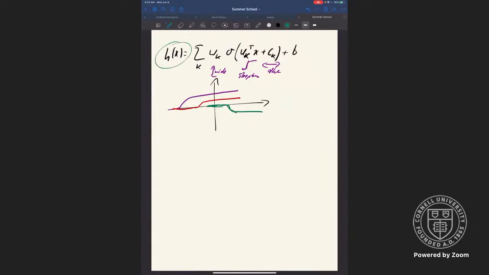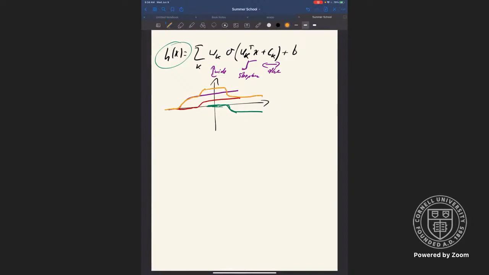And now what is h? h is the sum of these guys. So what do we get as our h? Initially it's like this, then we go up here, then we add in the red guy, and then we add in the green guy, and this is the final function.